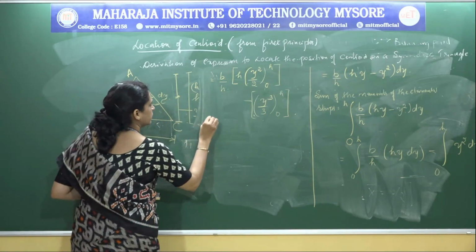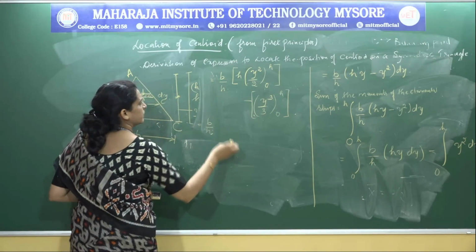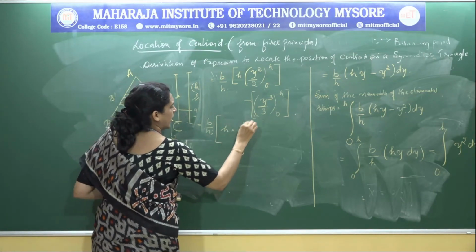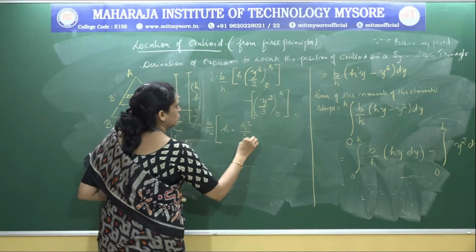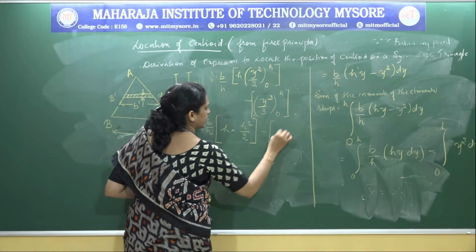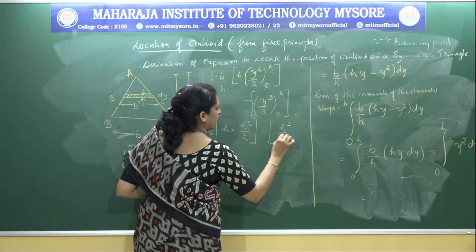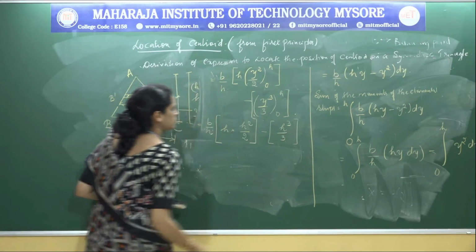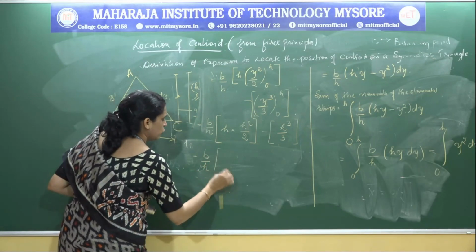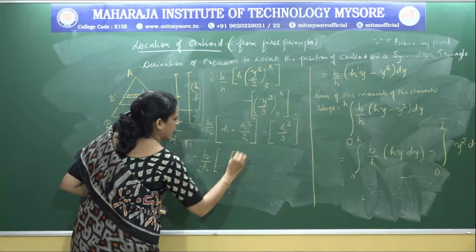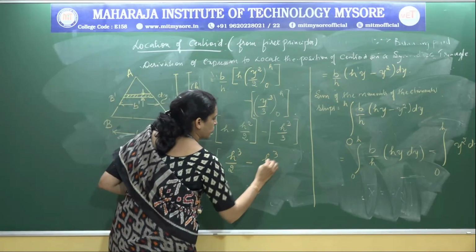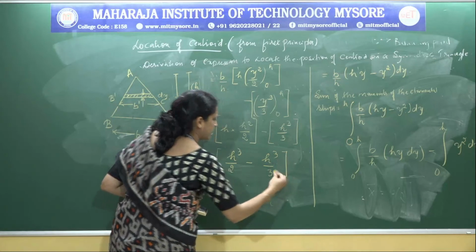So now b by h into h square by 2 minus h cube by 3. So now b by h into h cube by 2 minus h cube by 3.